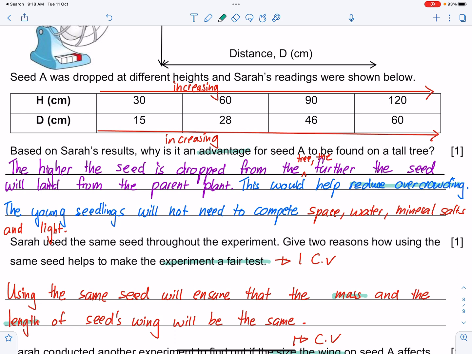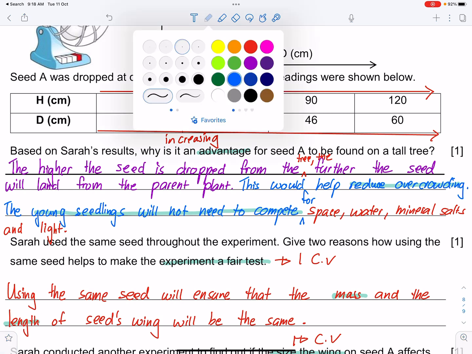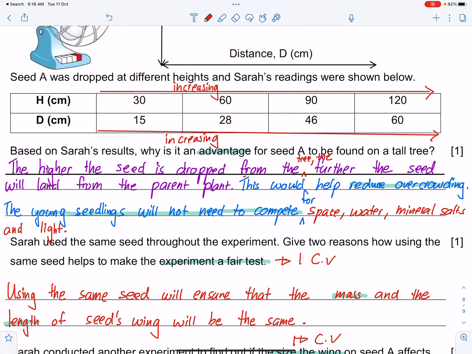So the overcrowding part always ties together with the next point. And the next point would be, they will not need to compete for space, water, mineral salts, and light. This is very important. I'm going to bracket this out in red. This whole thing must be written as one whole point. In exam, you probably might get half a mark for saying reduce overcrowding or prevent overcrowding.